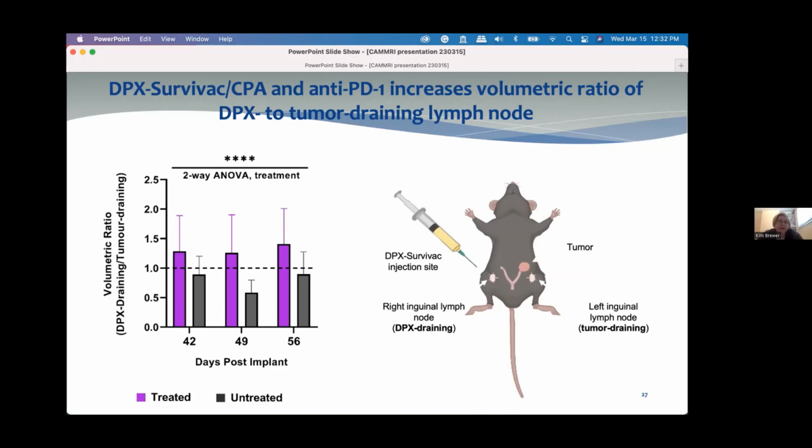For treated mice specifically, the DPX-draining lymph nodes were bigger. And so the ratio of the two lymph nodes was significantly larger than in untreated mice, which indicates that it might be, even as early as day 42, a prognostic biomarker.